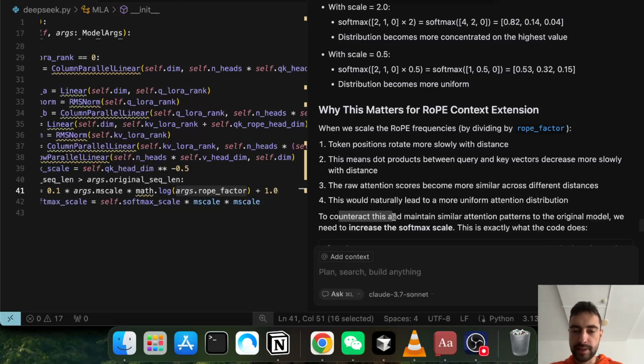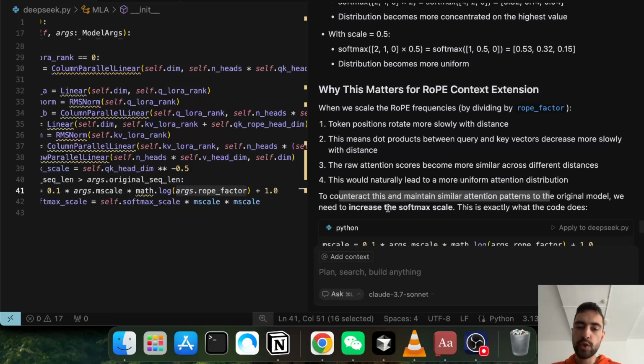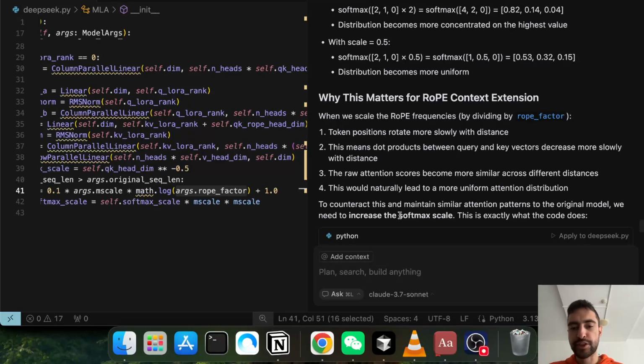To counteract this and maintain similar attention patterns to the original model, we need to increase the softmax scale. This is exactly what the code does. So I will first explain what this softmax scale does. This softmax scale is literally the opposite of temperature.